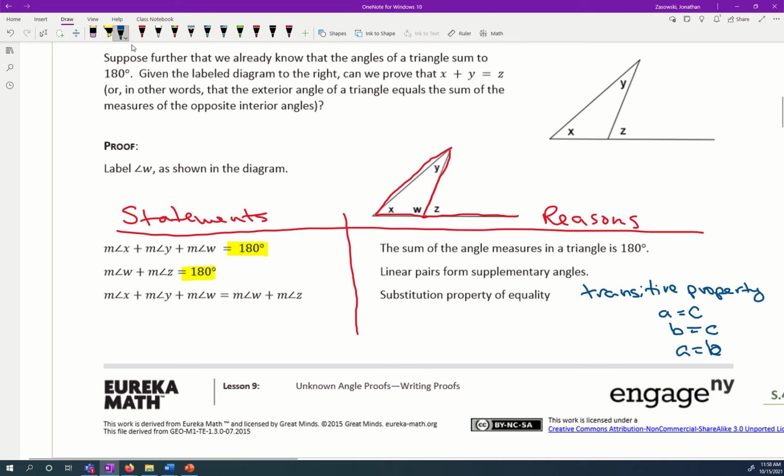Etha, what do you notice is the same in these two equations here? They really just both have the measure of W, right? So if I wanted to get rid of the measure of angle W, what would I do? Yeah. And what's the property called when we subtract the same thing from both sides of the equation?